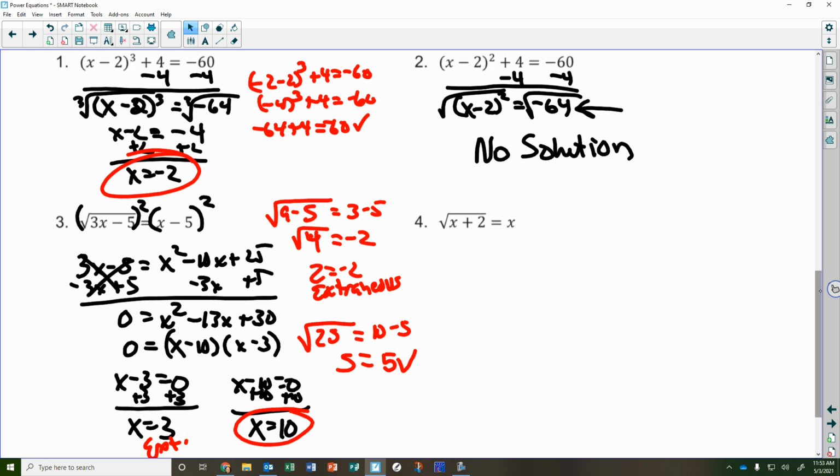Alright. And then last but not least, we got another square root one, so we're going to square both sides. So I got x plus 2 equals x squared. And I'm just going to move these on over.